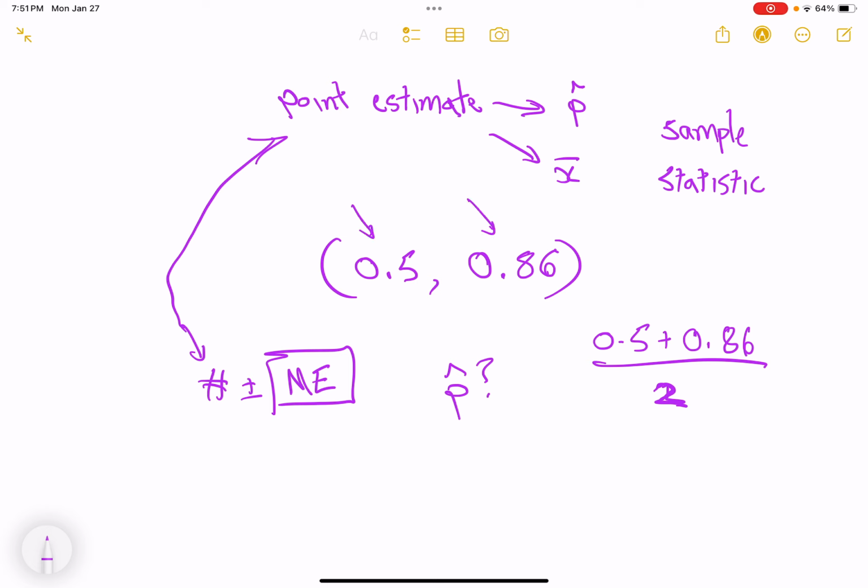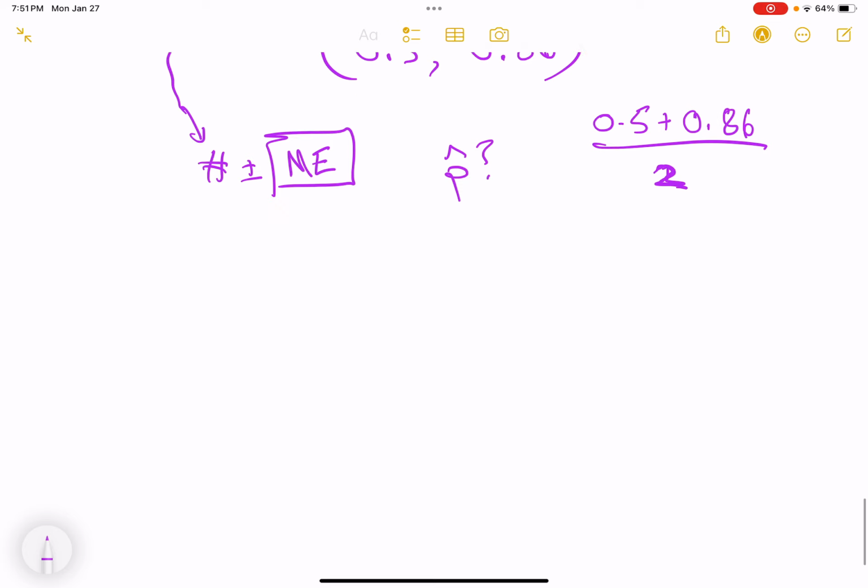And something I really want to hammer home that's really cool, and I will go into this in more detail in a second: as your confidence level goes up, your margin of error also goes up. It gets bigger, and therefore your confidence interval widens.